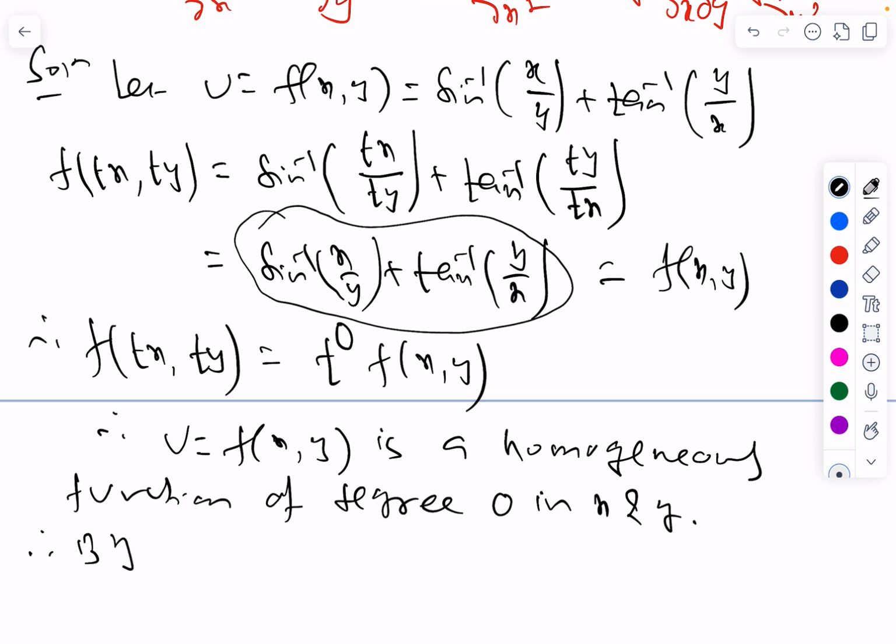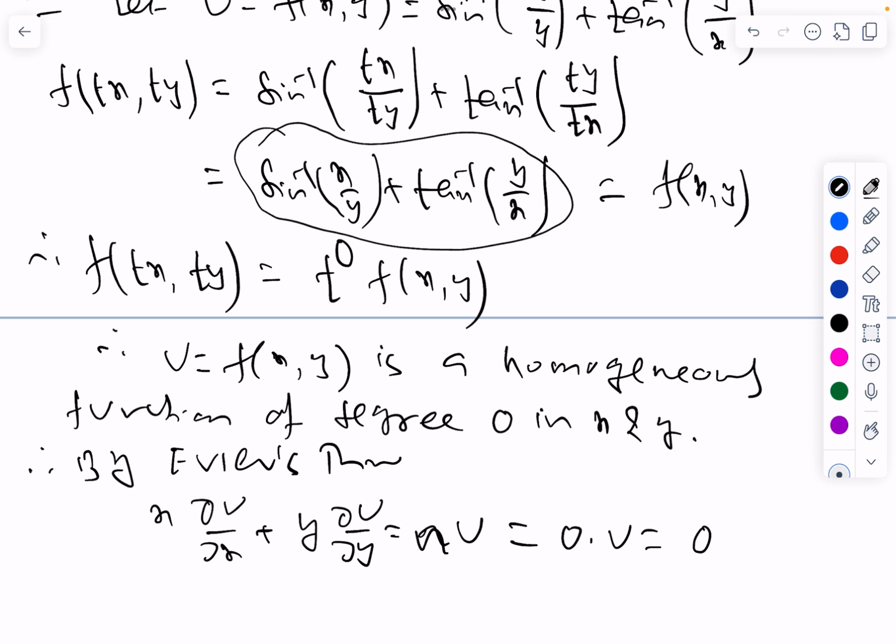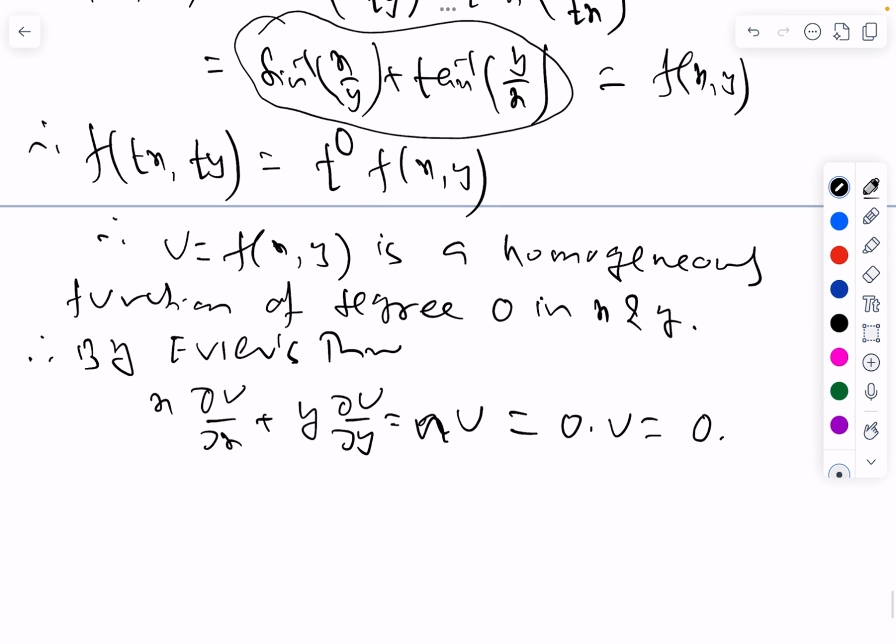And therefore, by Euler's theorem, x del u by del x plus y del u by del y equal to n times u. n is 0, 0 times u, and so that is 0.